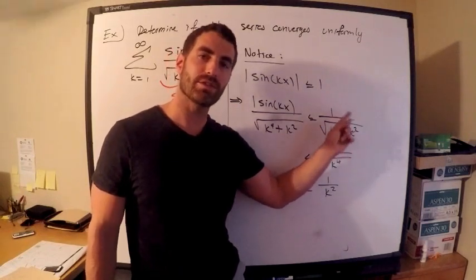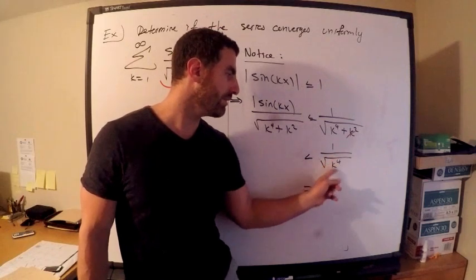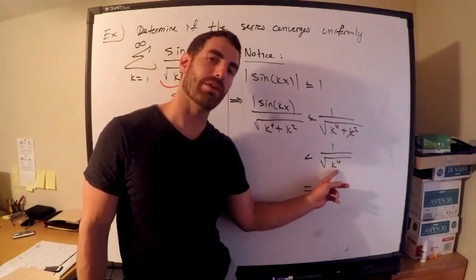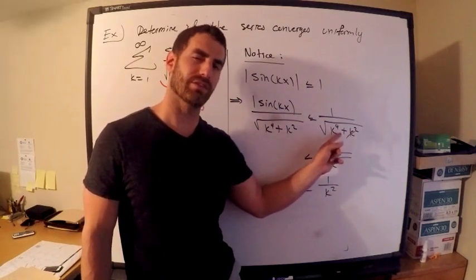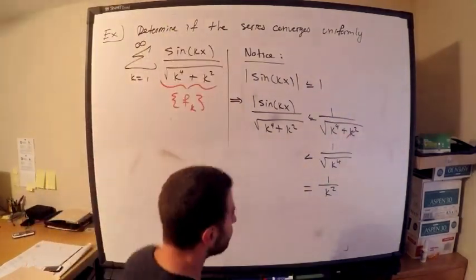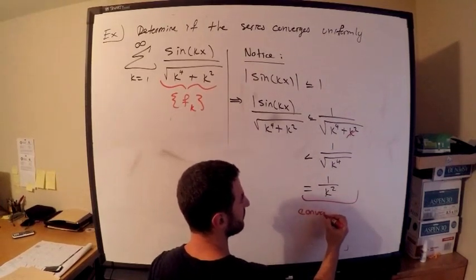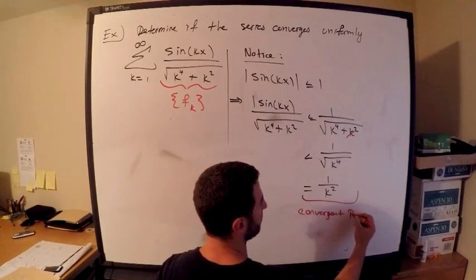If the denominator is larger, the number is smaller. So this number has a smaller denominator, so it's larger than this one. Convinced? Good. What do I know about this? This is a convergent p-series.